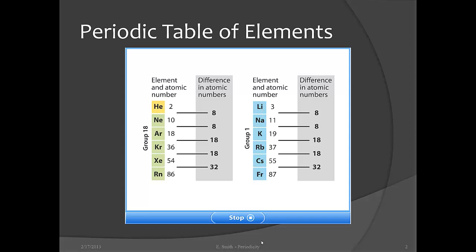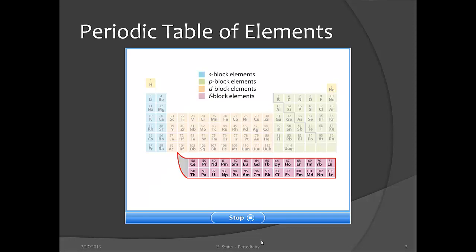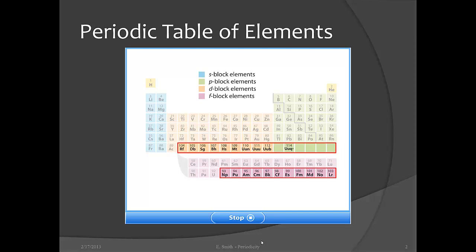This means that the atoms are consistently becoming larger by a set number of protons as you move from period to period. Note that there is a special block of elements below the main table known as the lanthanide and actinide series of elements. They are grouped together and placed below the main body of the table to keep it from becoming too wide. Elements with atomic numbers greater than 92 do not occur naturally, but can be produced in laboratories. Most are not very stable and decay rapidly.